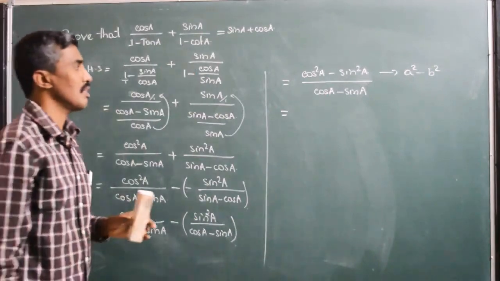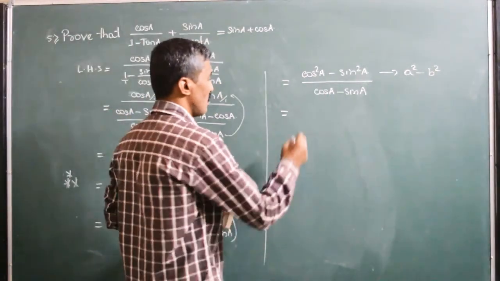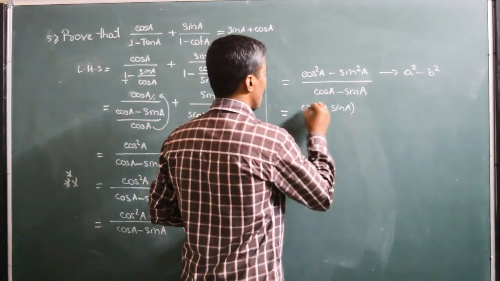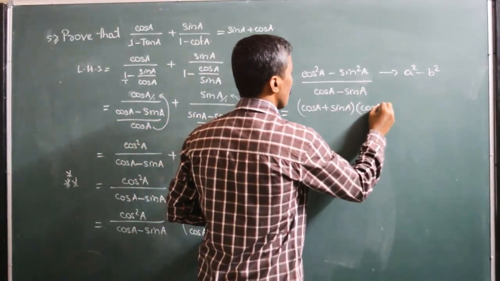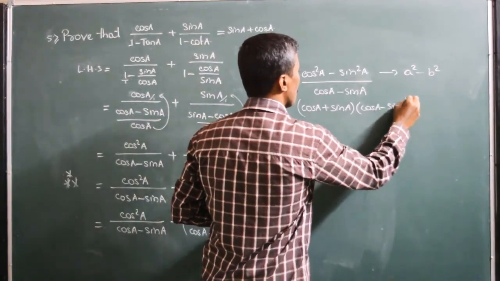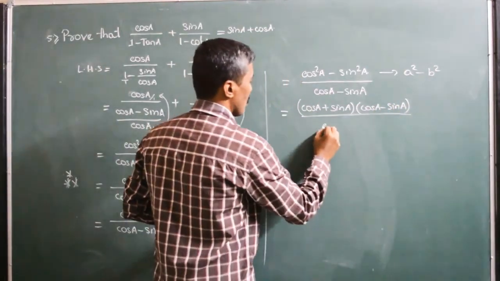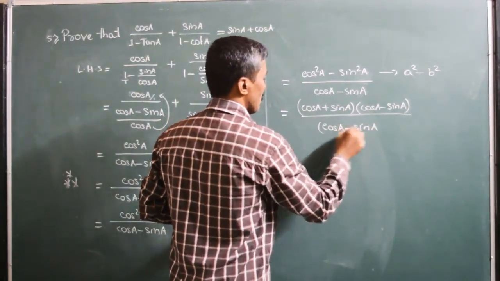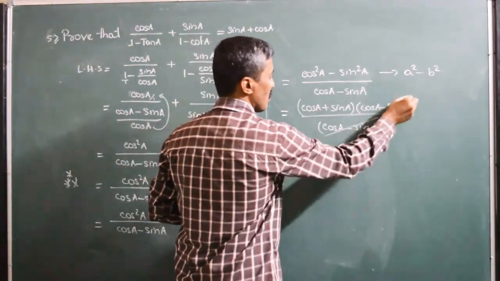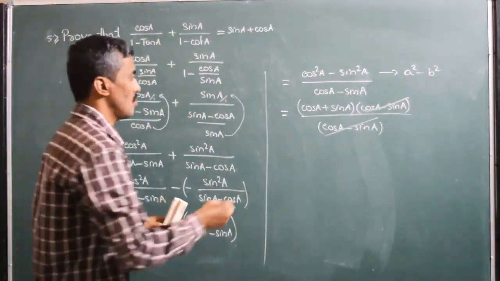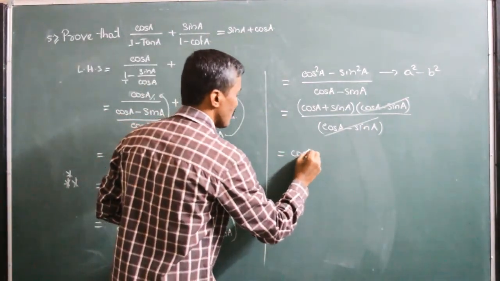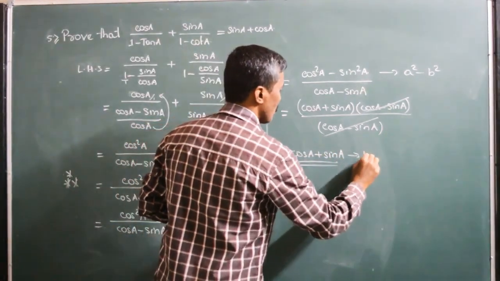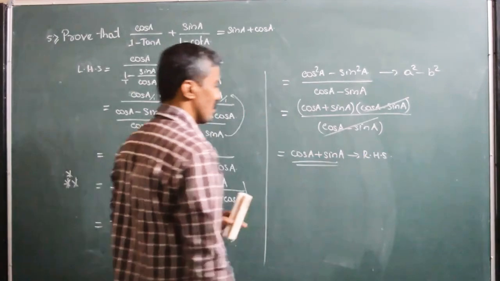A plus B into A minus B. A is cos, B is sin. So therefore it becomes cos A plus sin A into cos A minus sin A whole divided by cos A minus sin A. So cos A minus sin A, they are in both numerator and denominator and get cancelled. So then what is left out? So cos A plus sin A. So this is our required RHS.